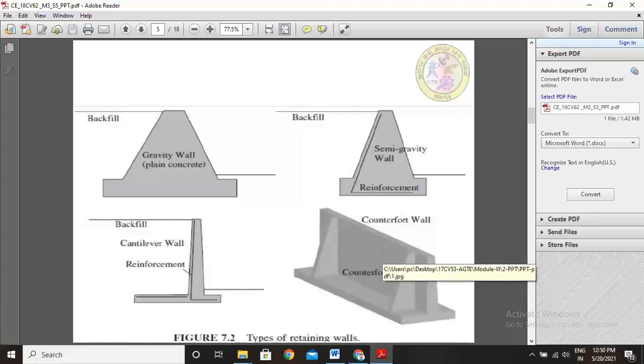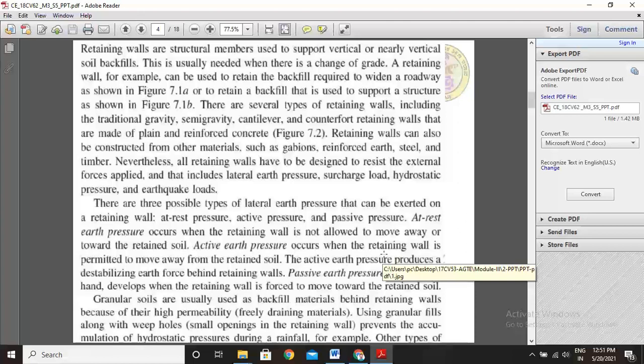So these types of retaining walls are designed to the required dimensions based on the loads and the earth pressures. Retaining walls can also be constructed from other materials such as gabions, reinforced earth, steel and timber.